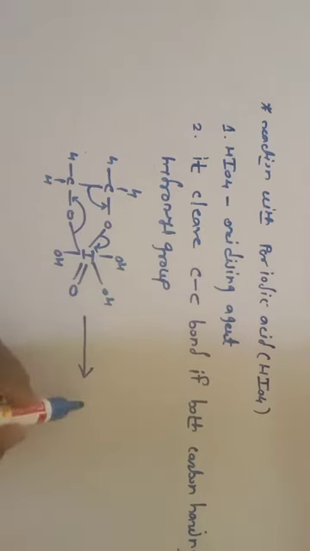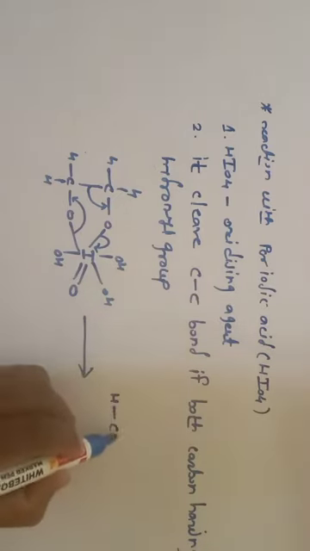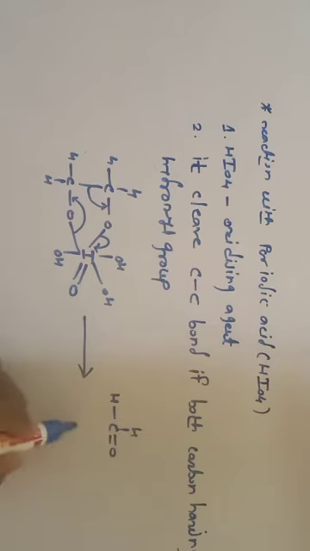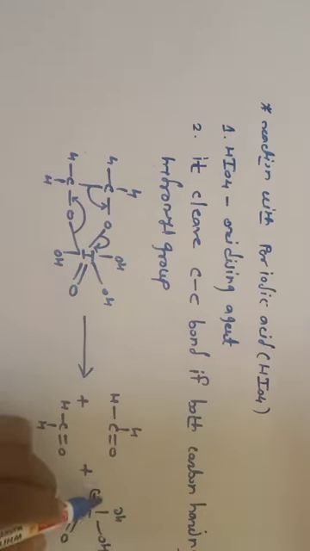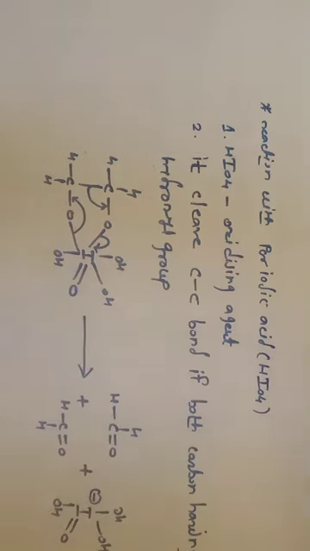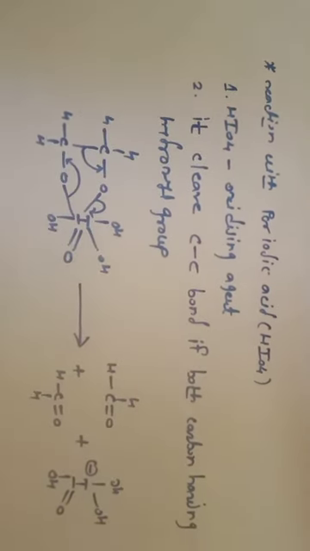So what you get here is HC double bond OH, and again HC double bond OH. Here, iodine is there, then an OH group, a double bond O, another OH group, and there should be a negative charge on this iodine.